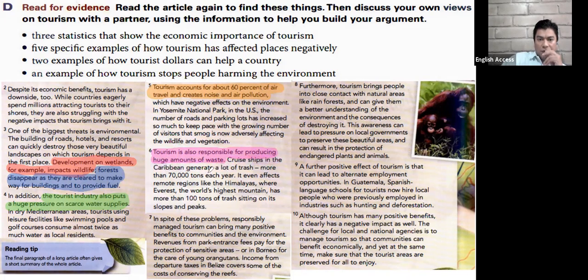Or just this one. Regions like the Himalayas have more than 100 tons of trash sitting on its slopes and peaks. Okay, nice. Let's go for the next one.